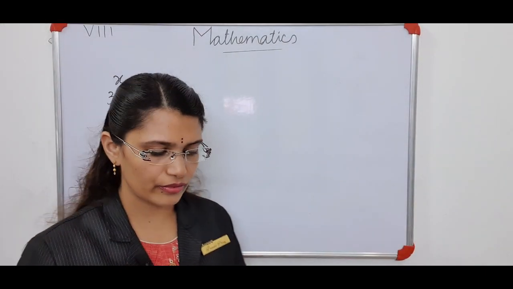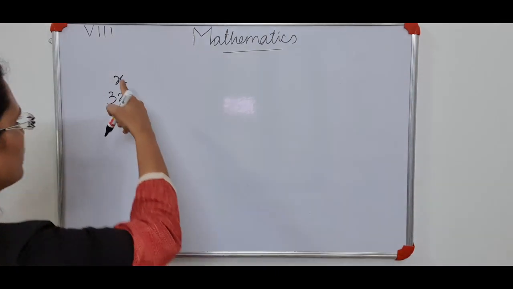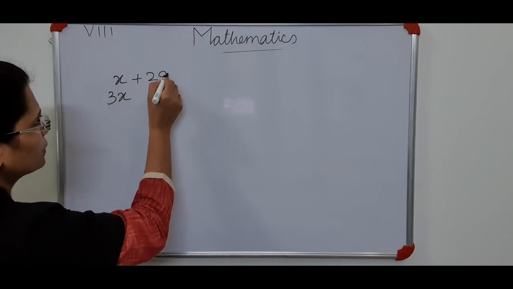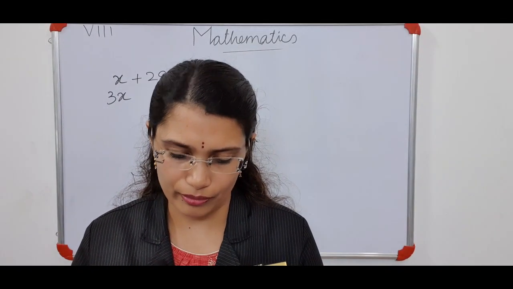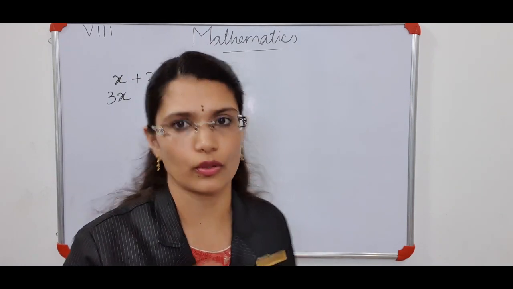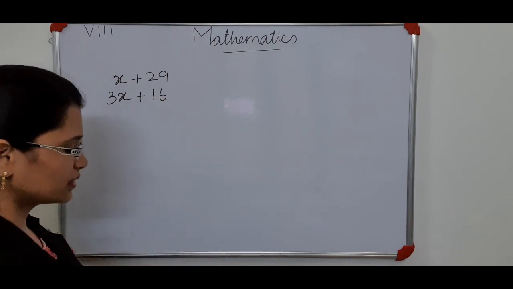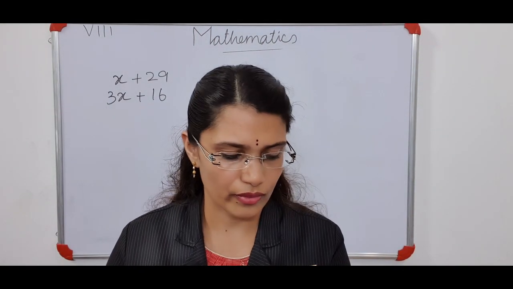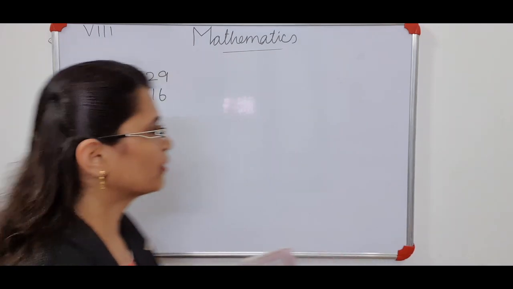And the number of women when 29 more joined is equal to x plus 29. Then number of men when 16 more joined is equal to 3x plus 16. Then equate this: now the number of men is double the number of women.